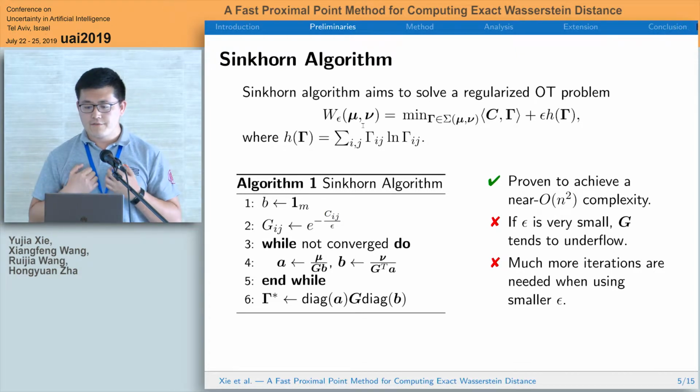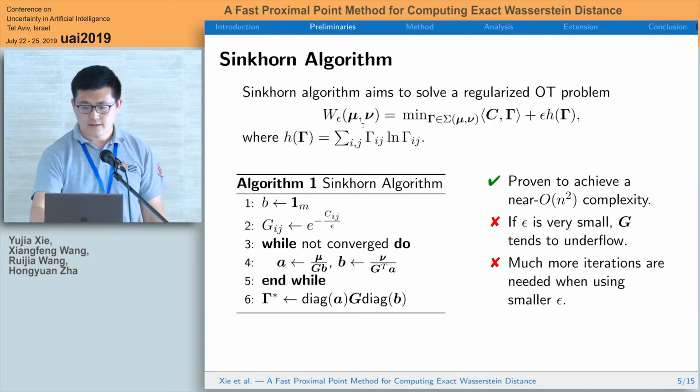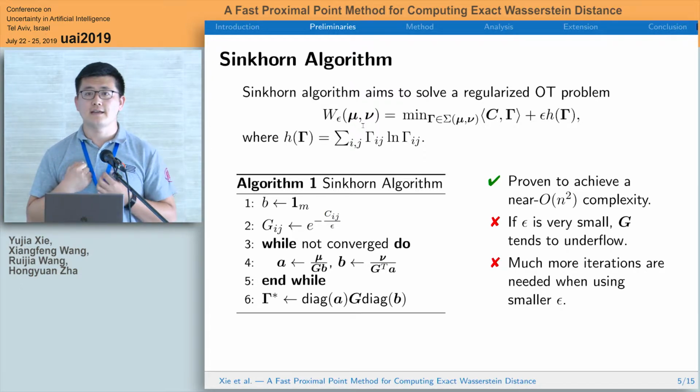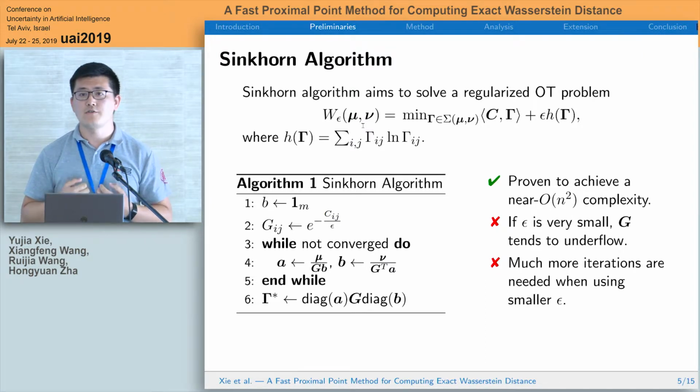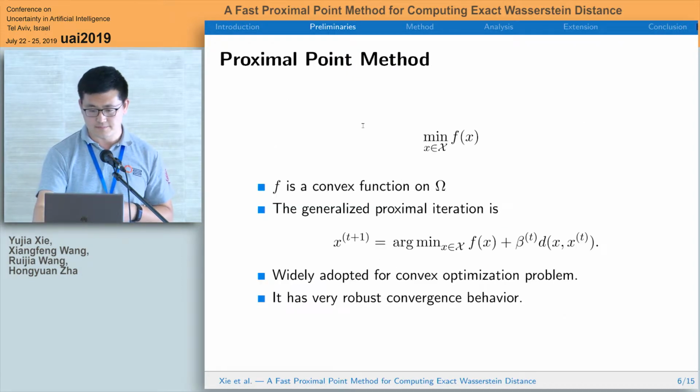Also, if epsilon is small, we need many more iterations to get the solution. So our motivation is whether we can take advantage of the Sinkhorn algorithm without computing the perturbed formulation, and instead compute the exact Wasserstein distance, solving the exact optimal transport problem.